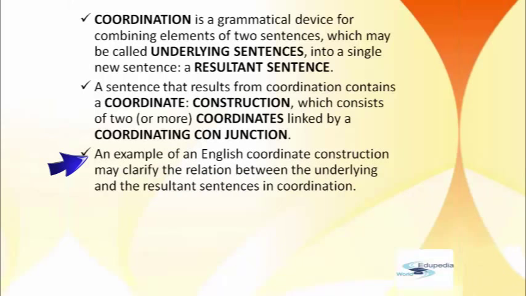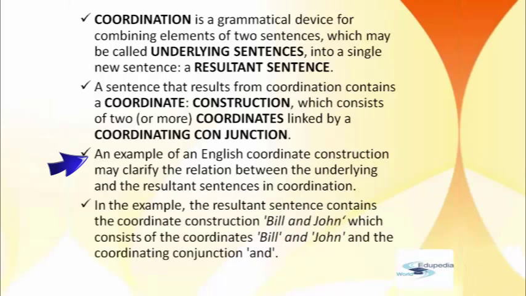An example of an English coordinate construction may clarify the relation between the underlying and the resultant sentences in coordination. In the example, the resultant sentence contains the coordinate construction Bill and John, which consists of the coordinates Bill and John and the coordinating conjunction and.